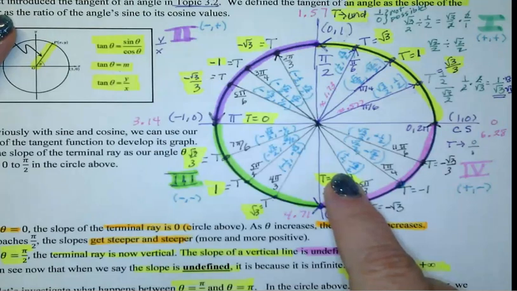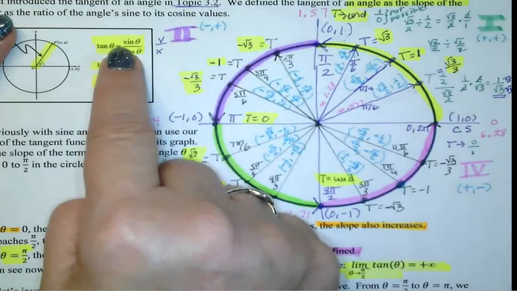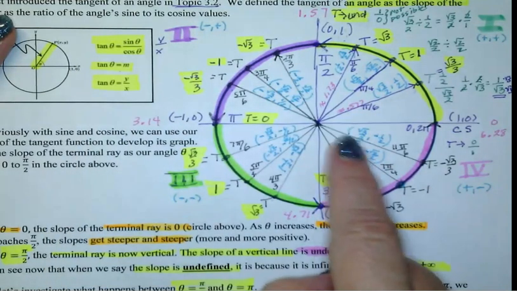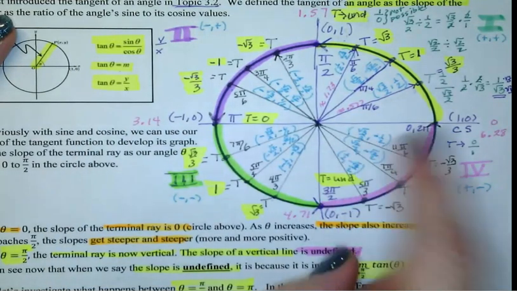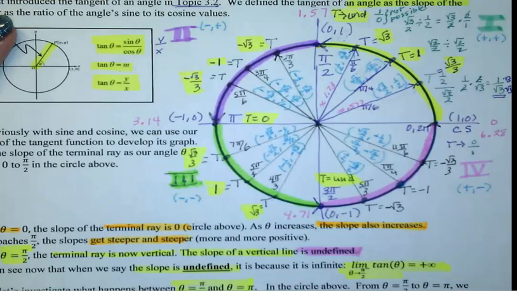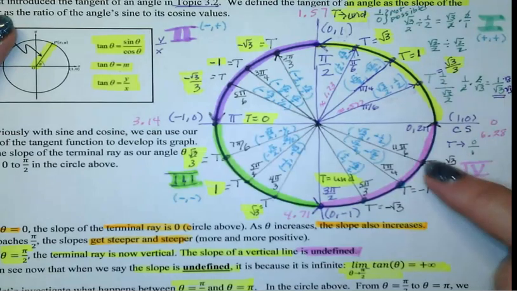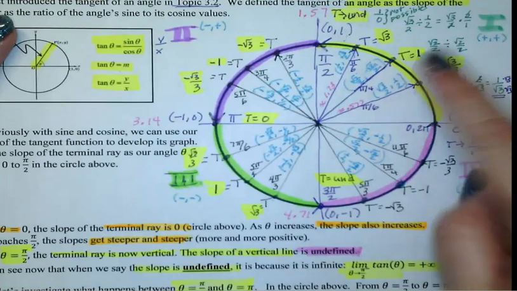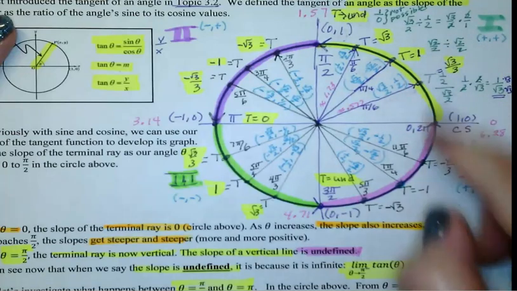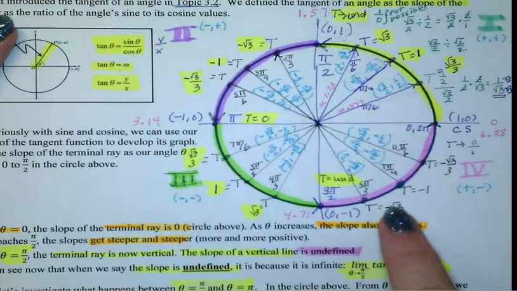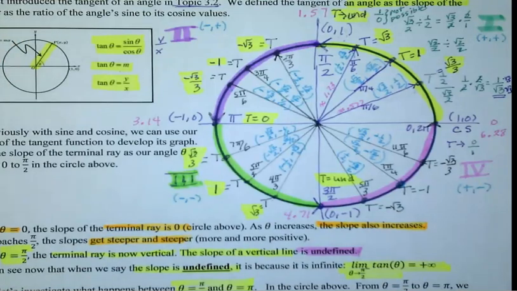And then when we are doing our tangent values, we're doing sine over cosine, which means that one is positive and one is negative. So when I take a positive divided by negative, all my answers in this quadrant for tangent should be negative. So I can reflect my root 3 over 3 down here, and it becomes negative root 3 over 3. I can reflect my 1 down here, it becomes negative 1. I can reflect my root 3 down here, it becomes negative root 3.